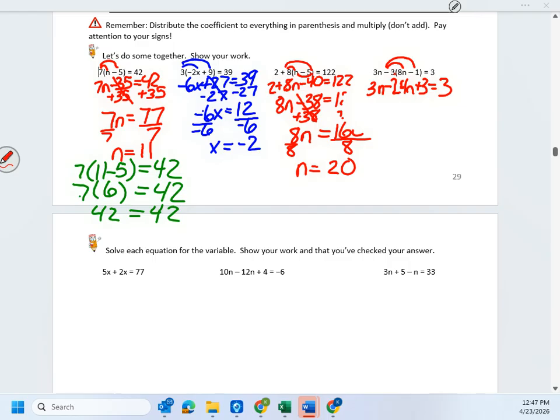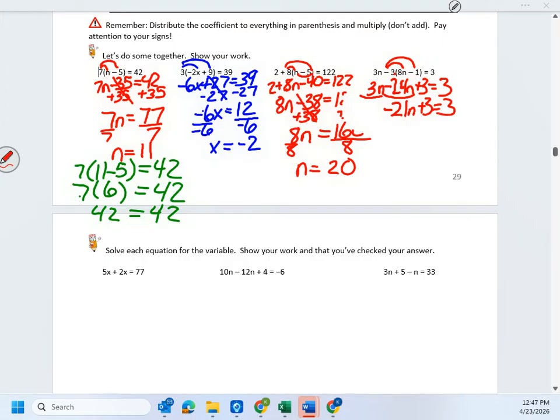So what am I combining? 3n minus 24n, which becomes what? What's 3 minus 24? Not quite. Negative 21n. Then I bring down the rest of my equation, plus 3 equals 3.